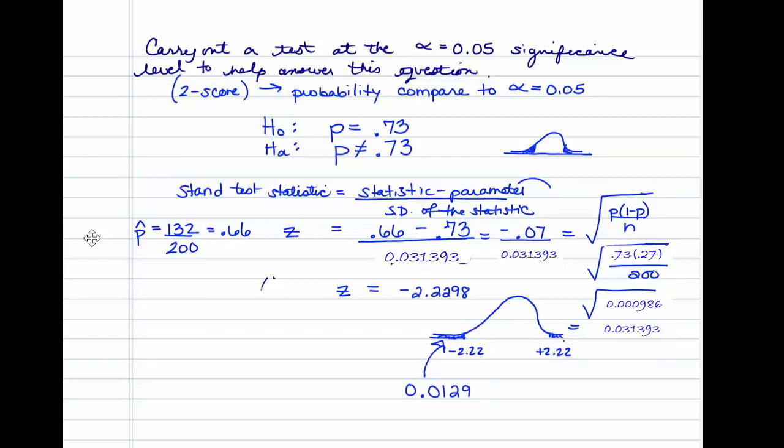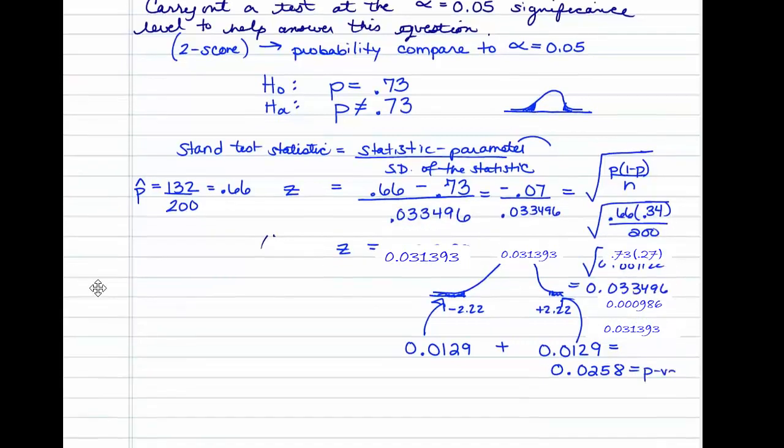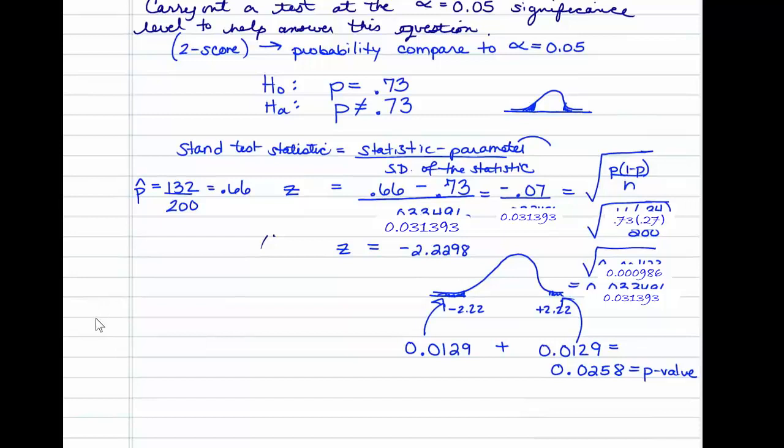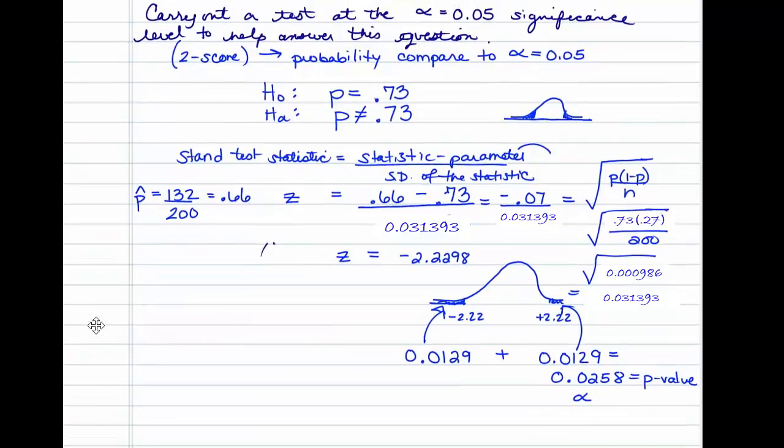This will also be 0.0129. And if I add them together, 0.0258. This is basically our p-value. We want to compare this to alpha.